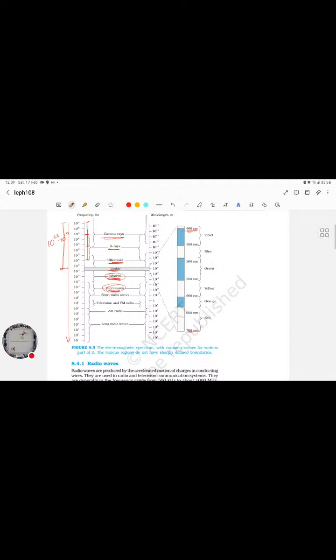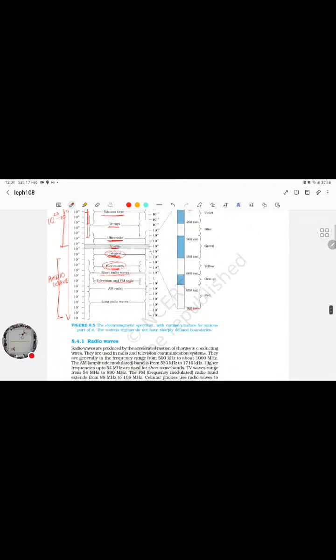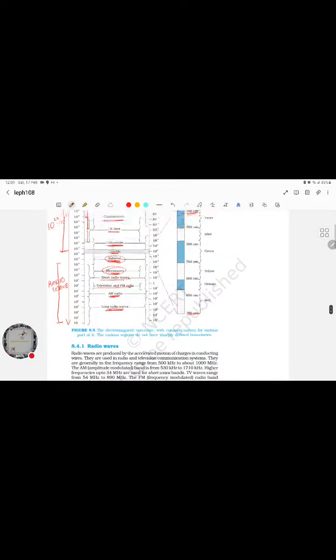And then we have short radio waves, and this sector from 10 power 12 downward is taken by radio waves, starting from short wave radio waves, television and FM radio, AM radio, and finally the long radio waves.